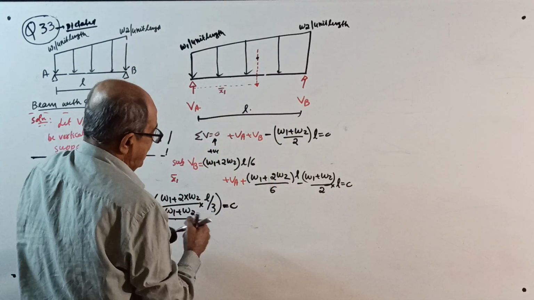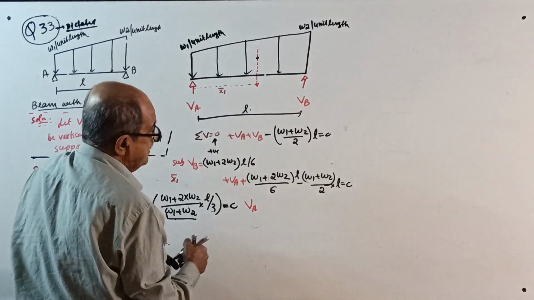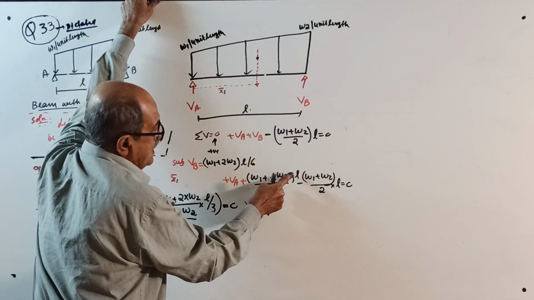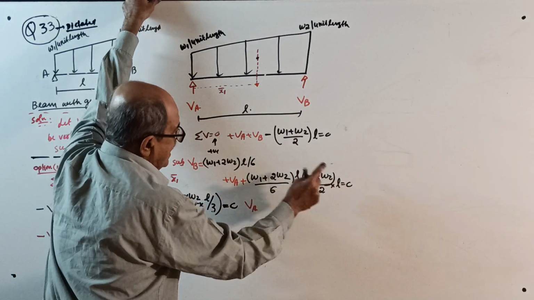Or simplify here, your VA, see here, W1L minus W1L.